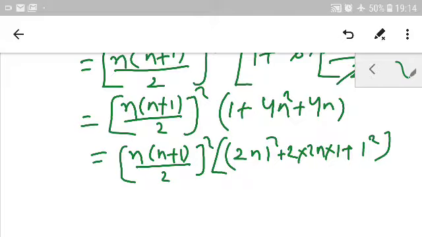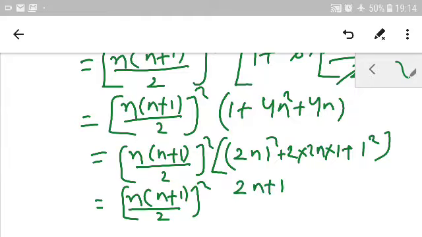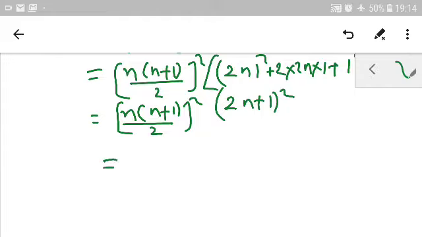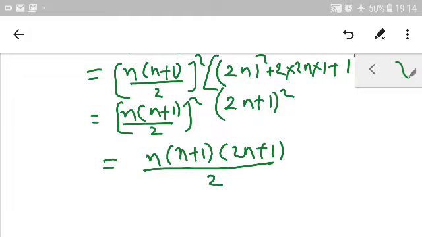Okay, I repeat, so it will be n into n plus 1 divided by 2 whole square, that is equal to, this is 2n plus 1 whole square. Okay, now let us do it. That is equal to n into n plus 1 whole into 2n plus 1 divided by 2, its whole square.